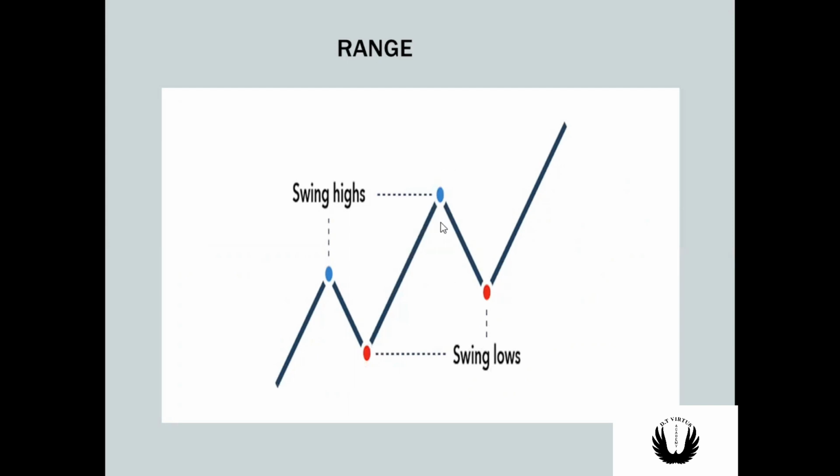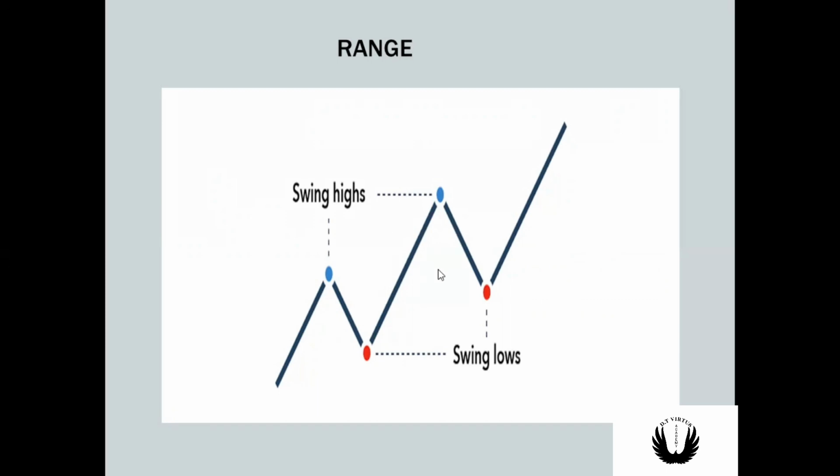When we come down, we want to buy or sell within this range. The range gives us the opportunity to identify our entry, our stop loss, and also our target. It helps us to identify a clear entry, a clear stop loss, and a clear take profit.